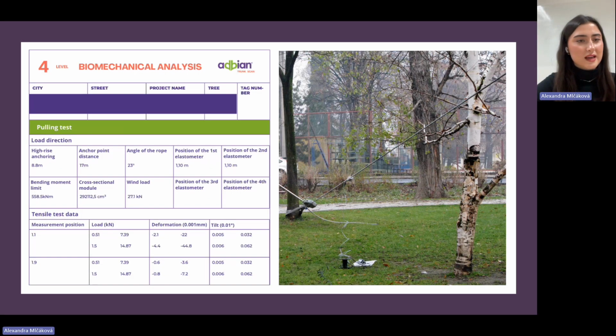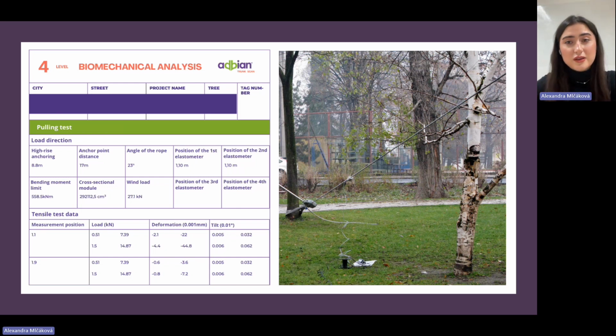The most exciting news is that since the last webinar, we finally integrated pooling test into our Adbian analysis, and we are thrilled to extend this offering to a broader audience of tree experts. Over the past 2 years, we've successfully tested our approach on hundreds of trees with great results.